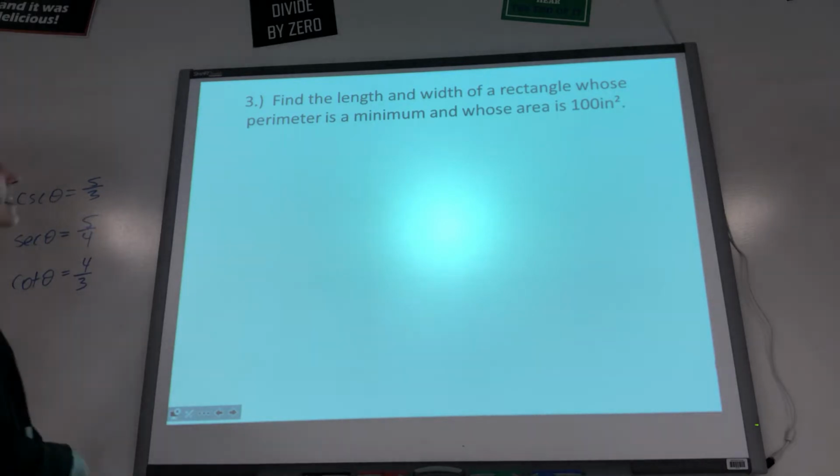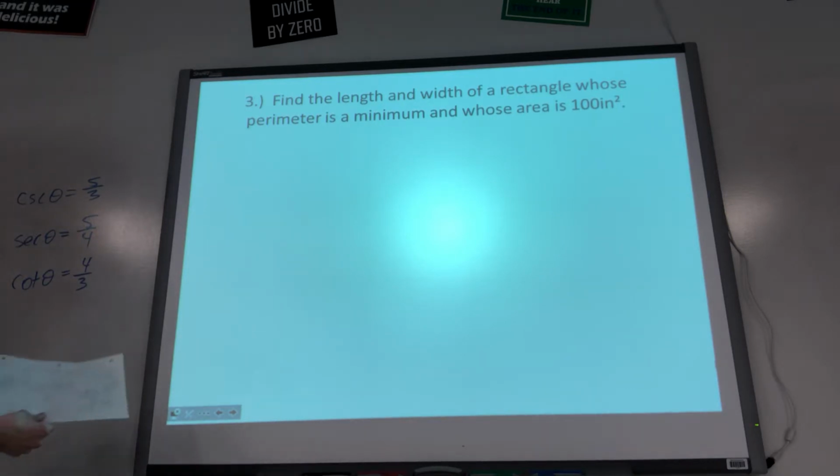Find the length and width of a rectangle. Find the length and width of a rectangle whose perimeter is a minimum. I haven't talked about perimeter in a while.